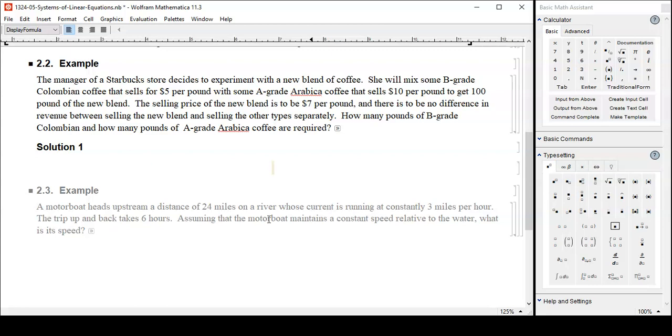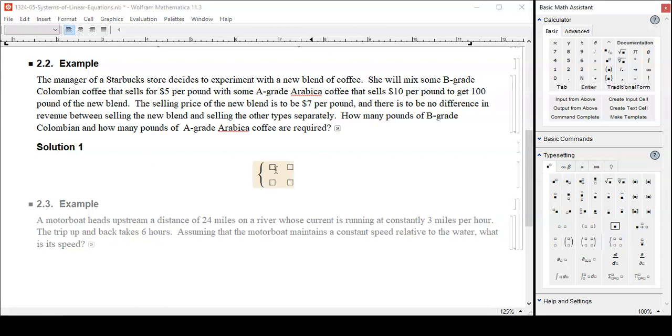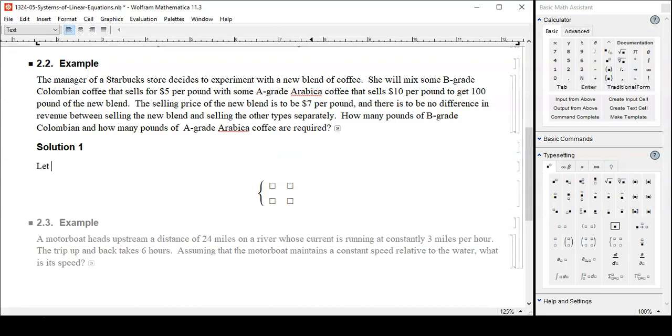X is Arabica. Y is Colombian. You could select the other way around, but for some reason I decided to do it this way.